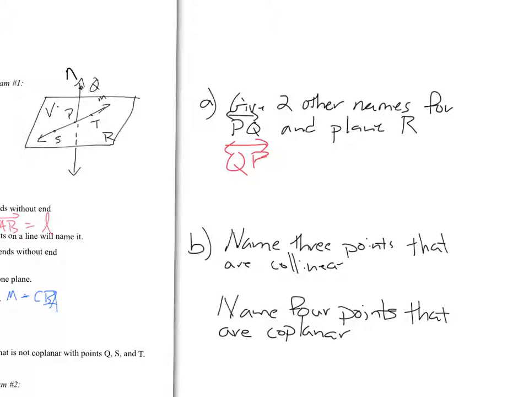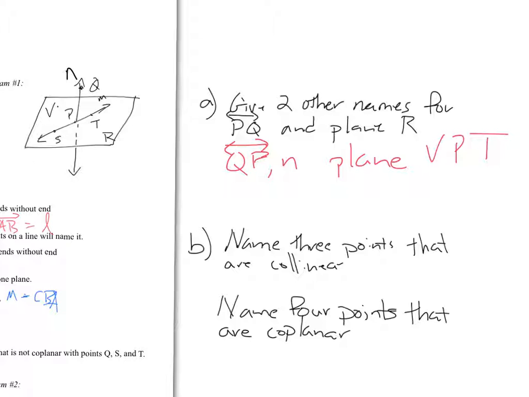So our second name for this line, line PQ, would be line n. And then plane R, another way to name a plane is to use 3 different points. So if we have plane R, we might say this is plane V, P, and T.